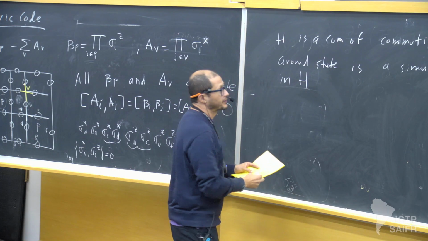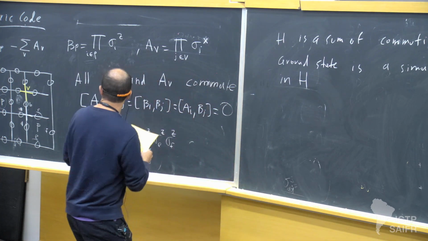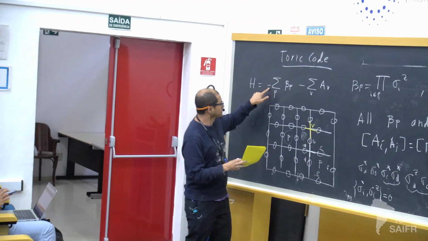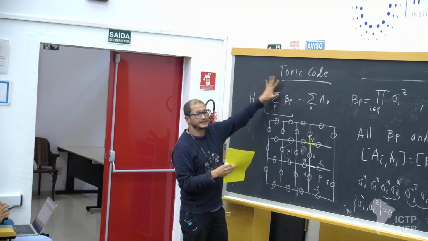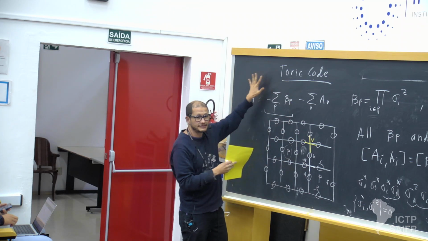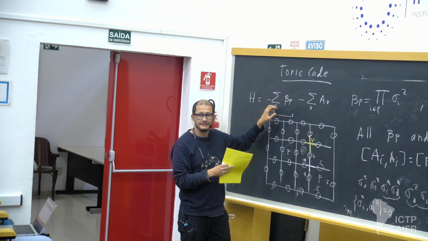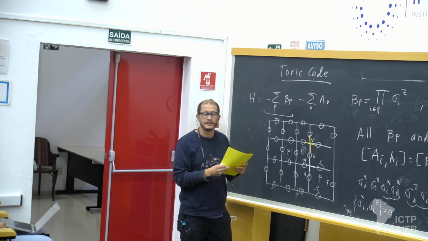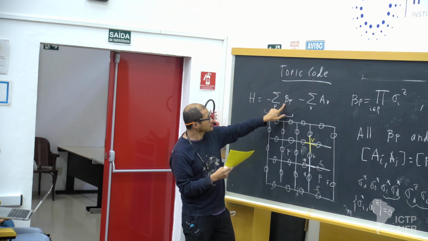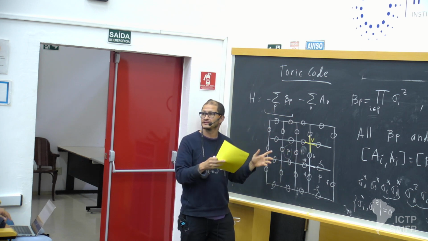Before I do that, let's take a look at this piece. So how would you minimize the energy of this part of the Hamiltonian? Anyone want to guess? If the products over the spins on the plaquettes in the computational basis are 1.